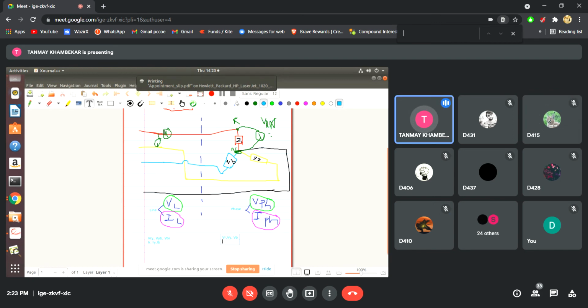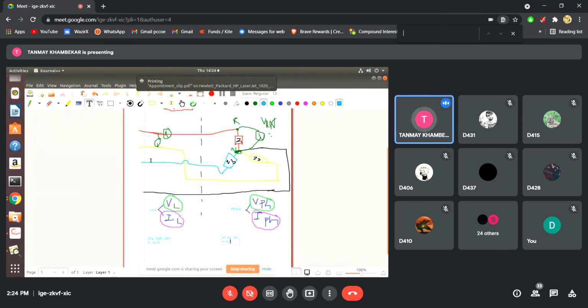Now tell me, in case of star, whatever current is flowing in the line, will the same current flow in the phase? Is there any other path for the current to flow? Same. So even in case of phase, I will have the same currents, IR. Similarly, current flowing in Y will flow like this in the line. The same current will go in the phase, so the name will be IY.